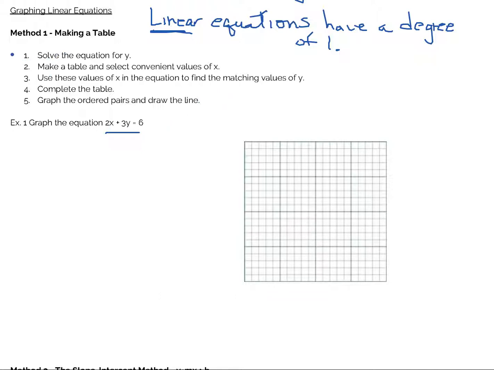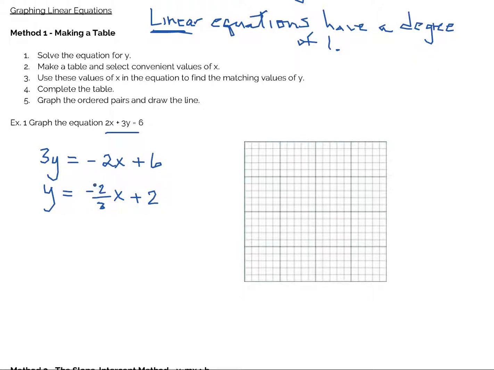So how do you graph them? First thing you want to do is solve the equation for y. So I'm going to come down here and do this as we work through the steps. So we're going to get 3y. I'm going to subtract 2x from both sides, so it's going to be negative 2x plus 6. And then we're going to divide every term by 3 so that we can get the y by itself. So you're going to get y equals negative 2/3 x plus 2.